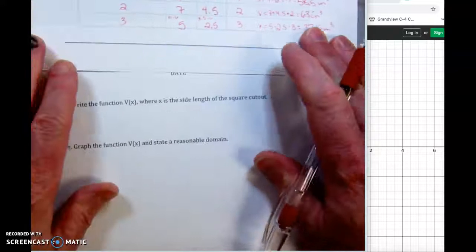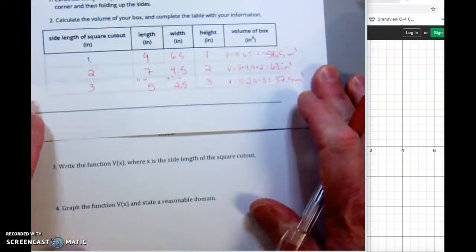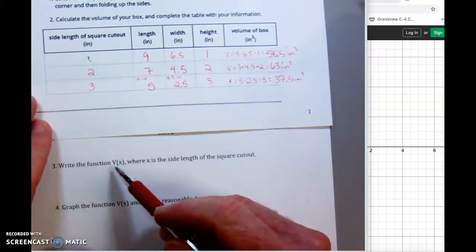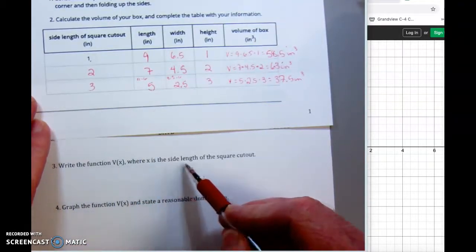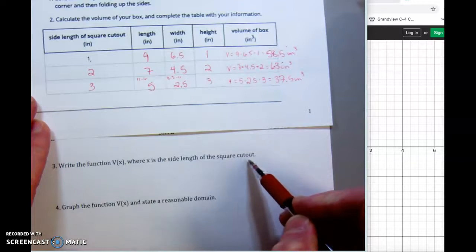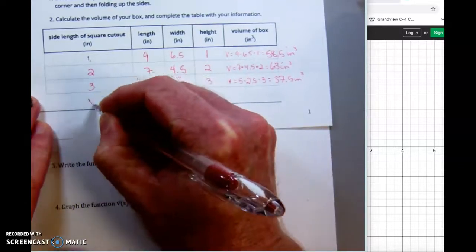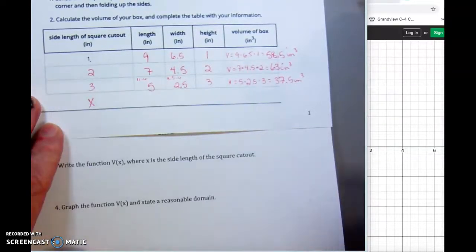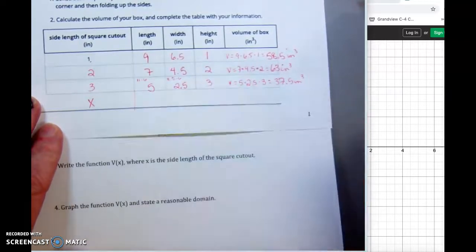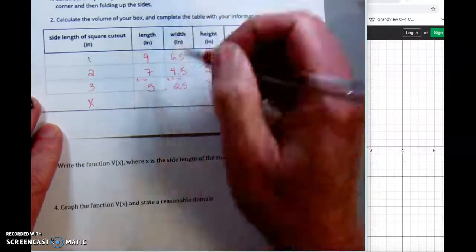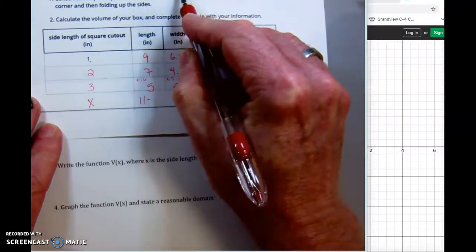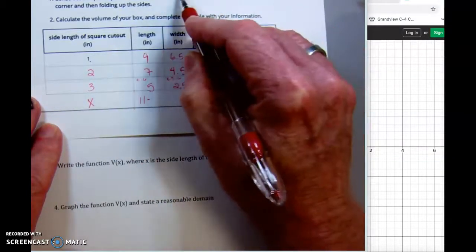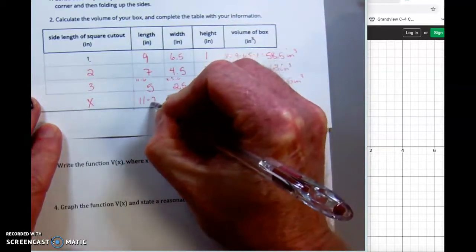All right, so what if we write a function v of x for the volume of the box, where x is the side length of the square we cut out. So we're going to cut out x of these. In this case, the length would be 11 minus, now we're going to take x inches off of both ends, so there's 2 x's.